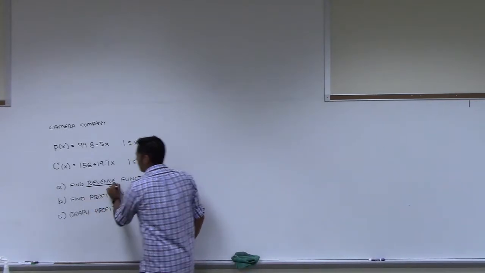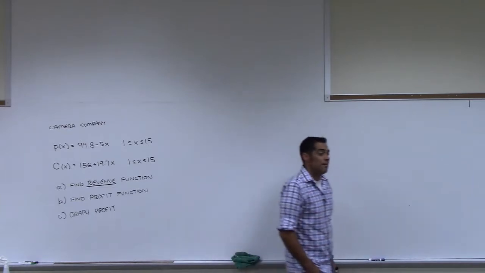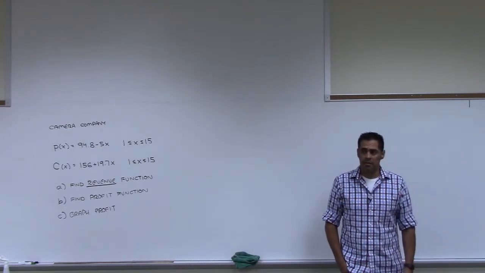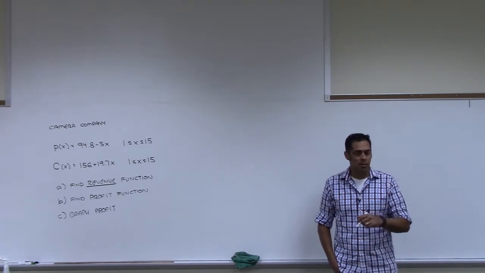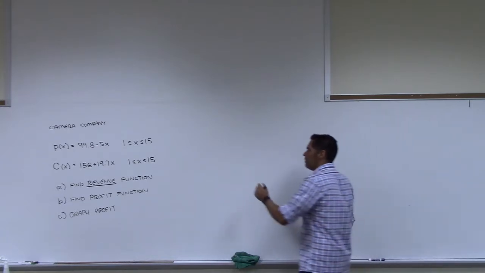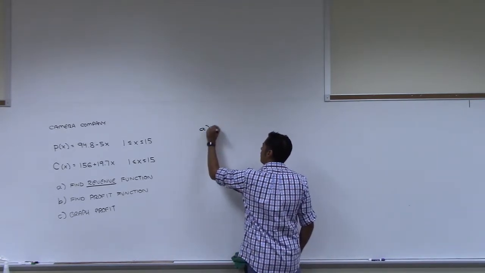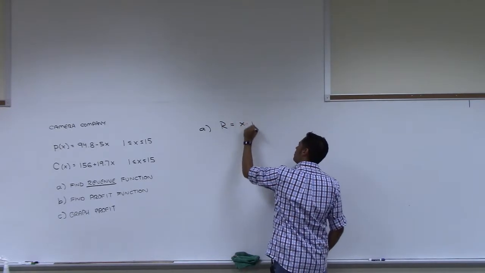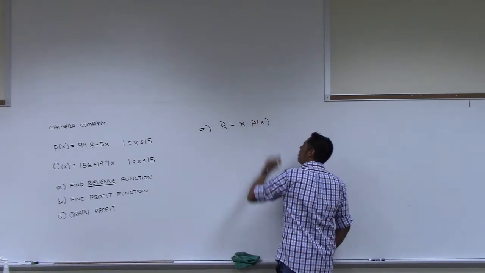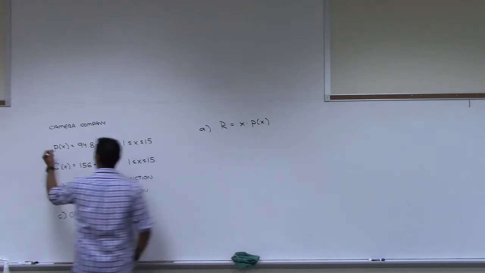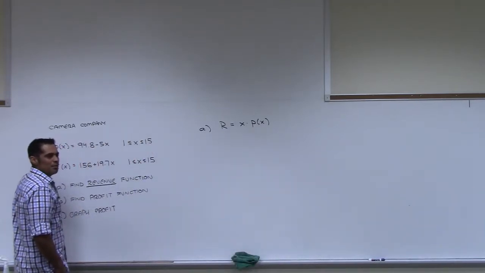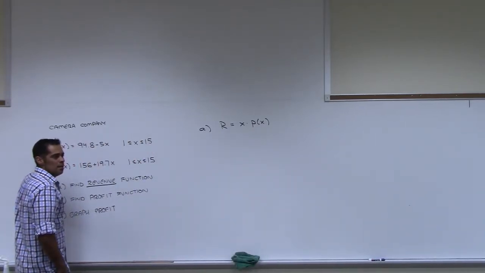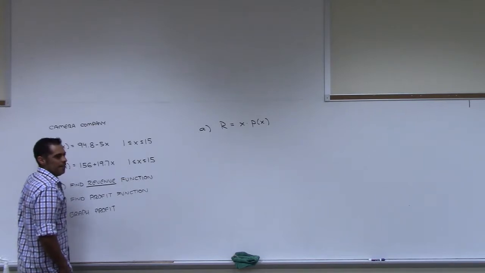So also last class, I gave you a formula for revenue. I said that it's going to come up now quite a bit. Remember that formula? Revenue is X times, not profit, be careful. Remember I said lowercase p is your price demand, uppercase P is your profit.